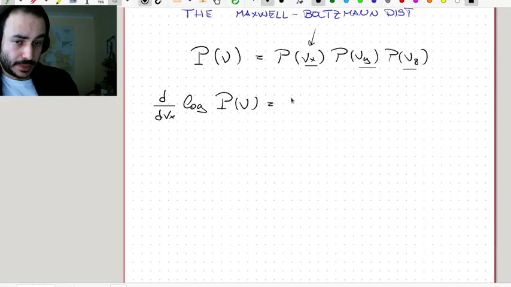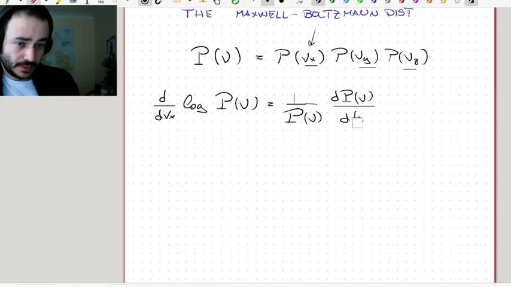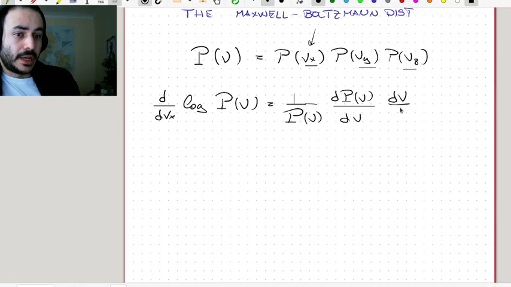So what is that? Well, that is 1 over P(v), and the derivative of P(v) with respect to v, and the derivative of v with respect to vx. Again, that's just the chain rule, of course.